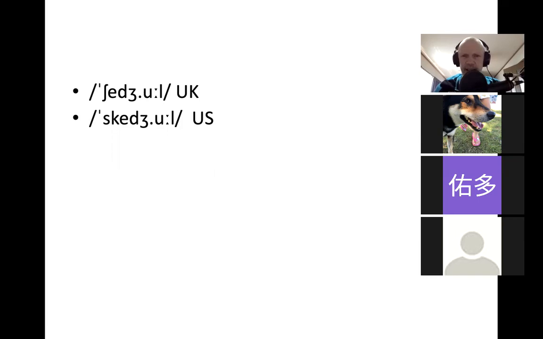I've forgotten how to say that, I just say schedule. I copy the Americans on this one, but not with vitamin. I still say vitamin. Anyway, the pronunciation is very different, but that's not a phonological difference, it's just a pronunciation difference.